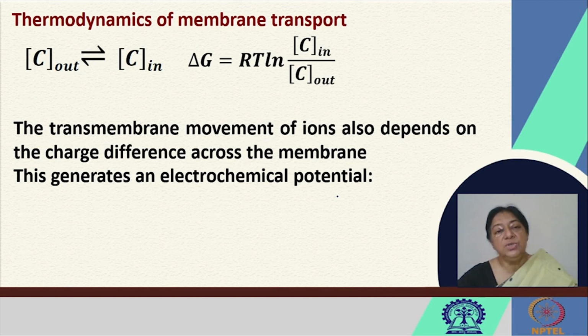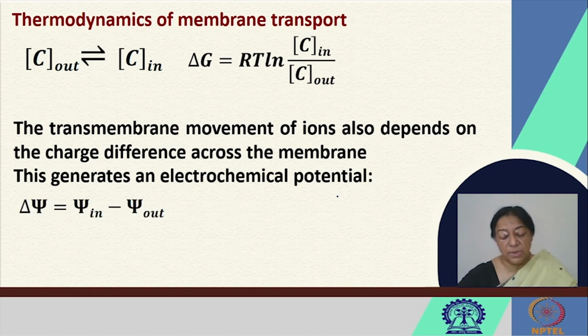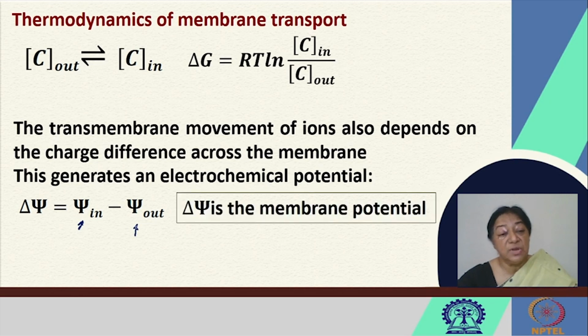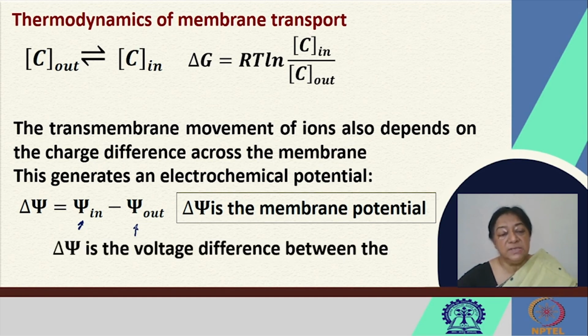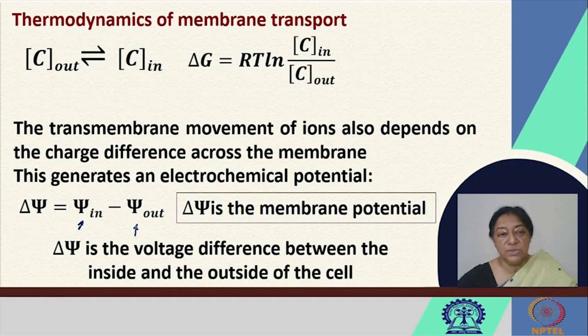So in addition to the chemical potential, we are going to have an electrochemical potential that is defined in a similar manner, given by the psi in minus psi out, where we have a specific transfer of the ions, where this delta psi is the membrane potential. Now this is therefore the voltage difference between the inside and the outside of the cell.